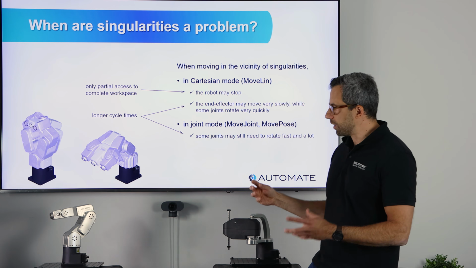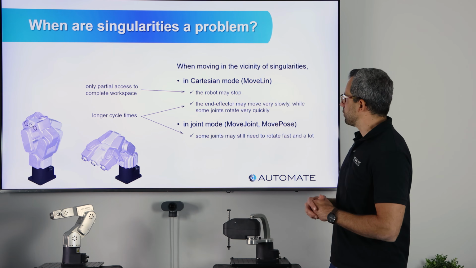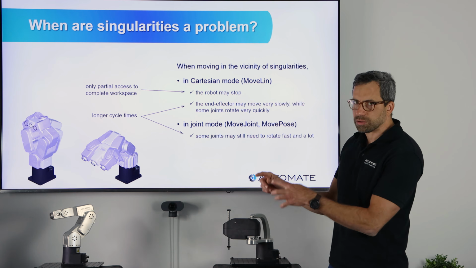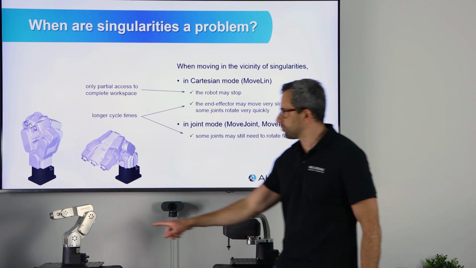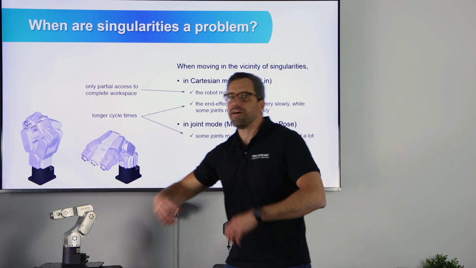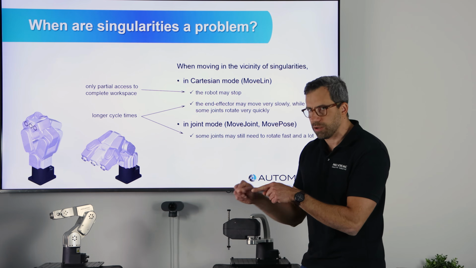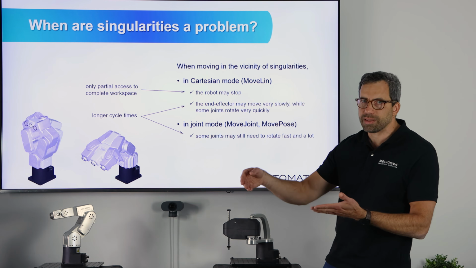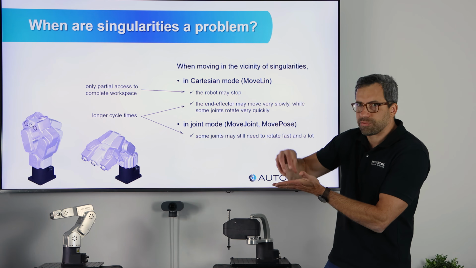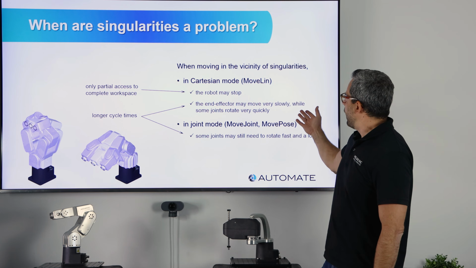If you have a singularity, most of the robots will just stop. Or if they don't stop, and you're very close to a singularity, they will rotate some of the joints, for example, joint 4 and 6, very, very quickly, but the end effector will move very slowly. So if you're doing a gluing application, you will have a lot of glue near the singularities, which is obviously not good.